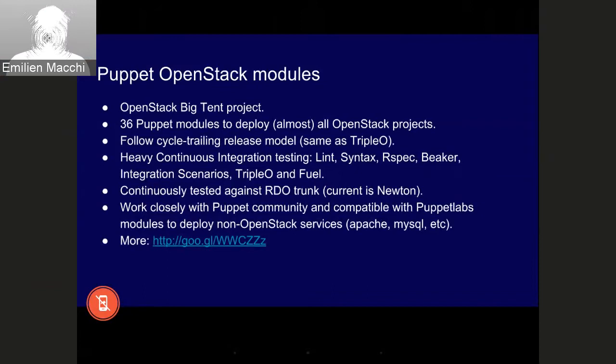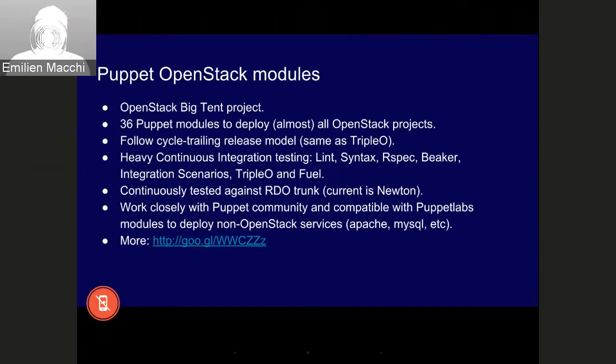We just use what the Puppet community is using and what Puppet Labs is actually supporting. If you want to know more about Puppet OpenStack modules, there is a link. You can see the slides after this presentation. I put the link on the Etherpad, so you can click on it later and find the official documentation about all of this.